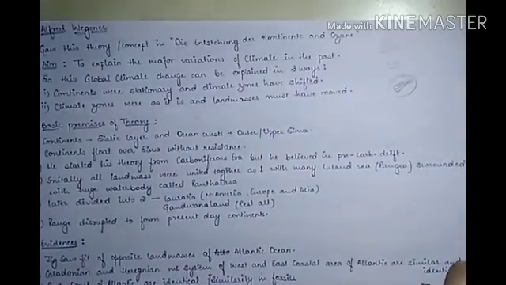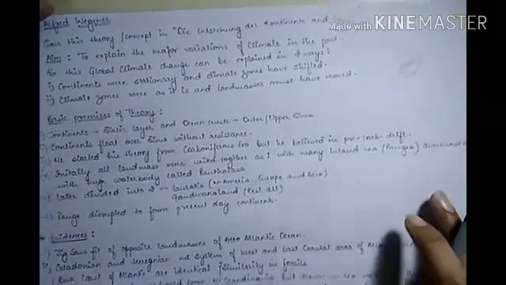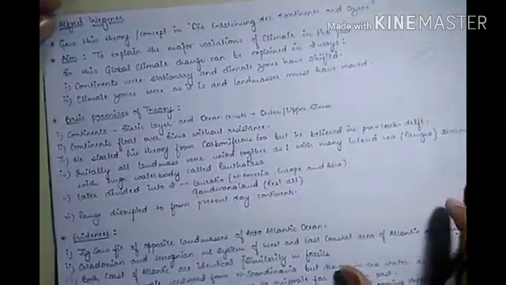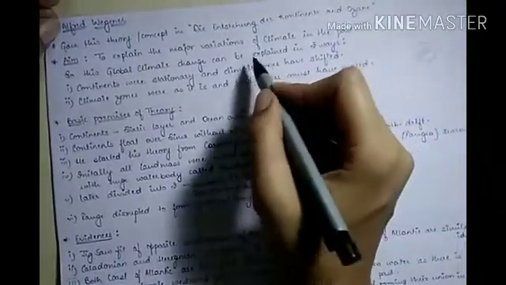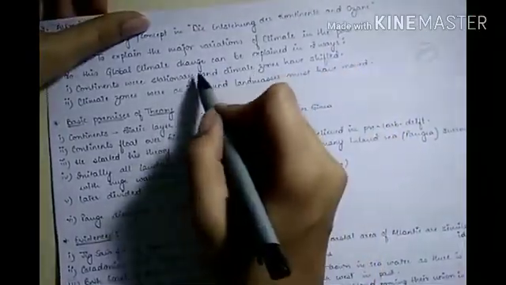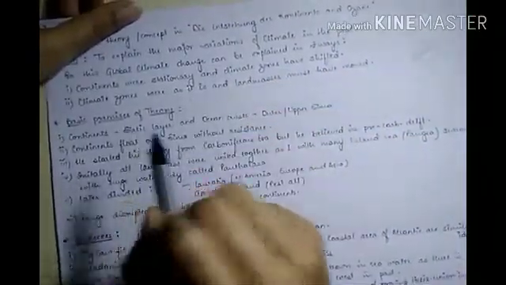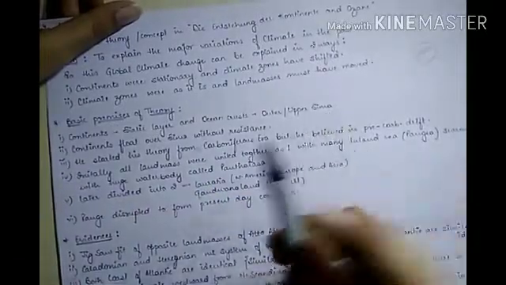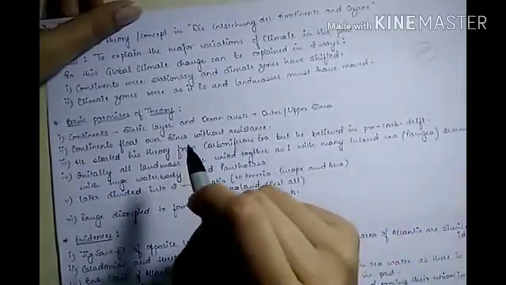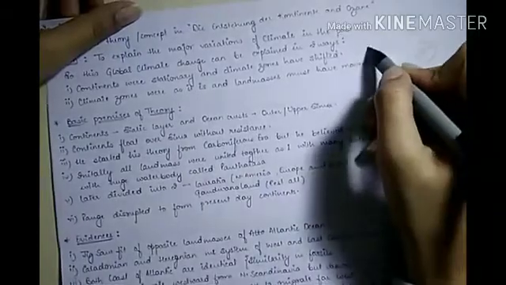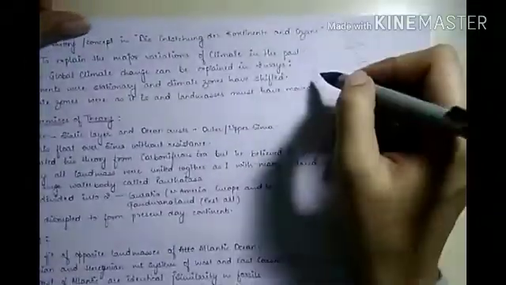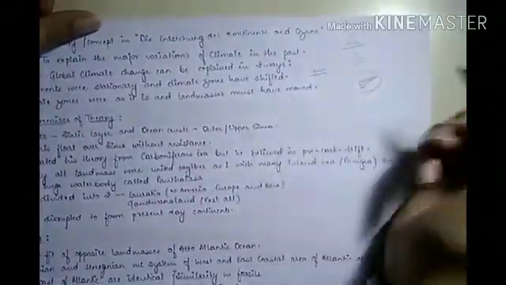So he took two explanations. The first explanation was that the continents were stationary, like they were at their place only, and the climatic zones would have shifted, but this can't happen.